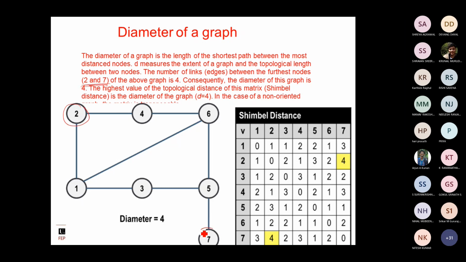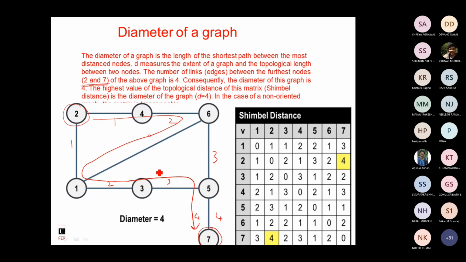You see what the length of the path is here: 1, 2, 3, 4. This is one path. 1, 2, 3, 4. This is another path. If I go this way, 1, 2, 3, 4, 5, 6. This way is also available.